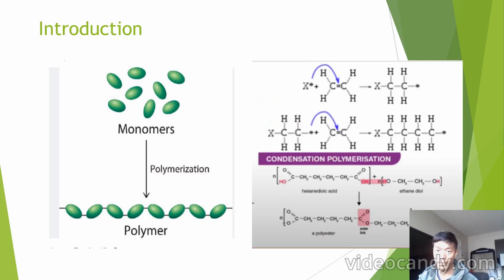Addition polymers are formed when monomers are joined together end to end. This process can be initiated by a radical, which is shown here, and it is a species that contains an unpaired electron.